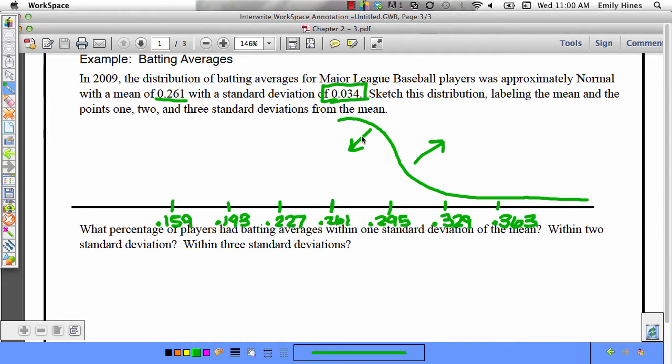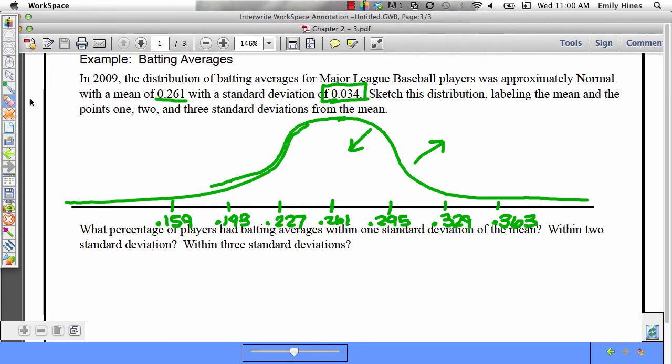So it never touches the x-axis. And then I do the same thing on the other side. I go from concave down to concave up at 1 standard deviation, and I continue. And while they're not going to be perfect, they're close. Right? It is generally bell-shaped, which is why it's often called the bell curve.